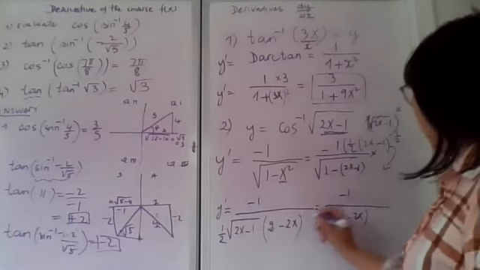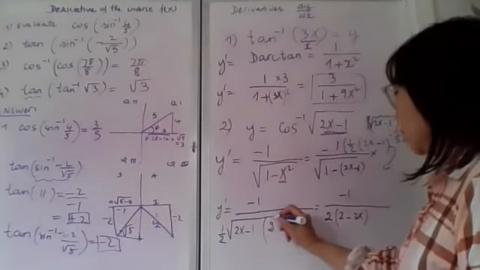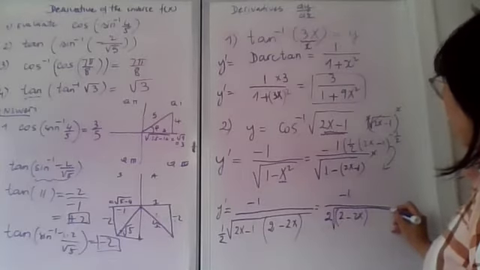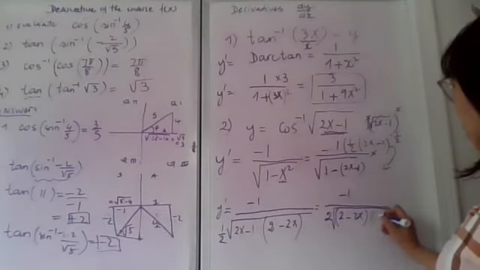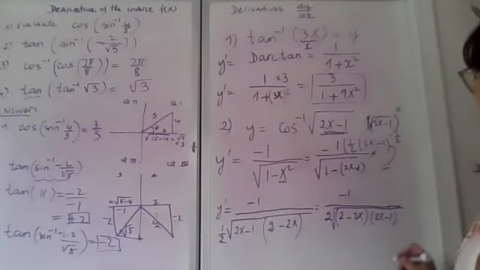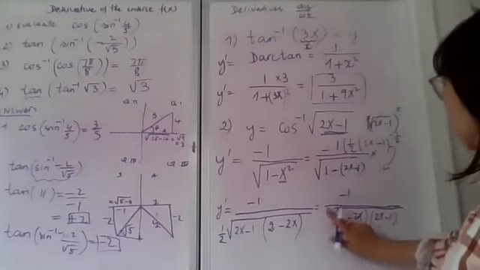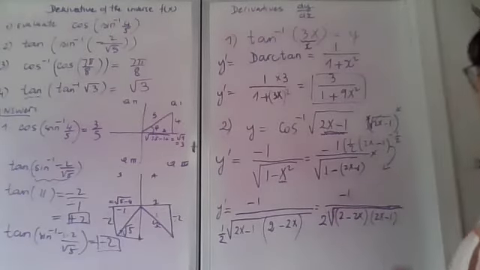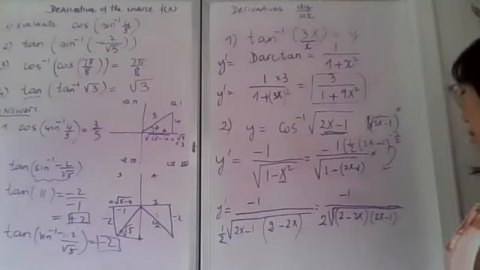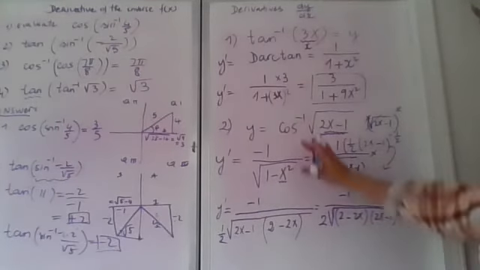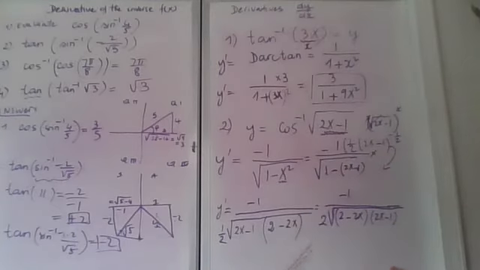And remember, these are both in square root. So I'm going to put both of them in the square root, 2x minus 1. So that is our answer. Okay, so that's the derivative of this function.